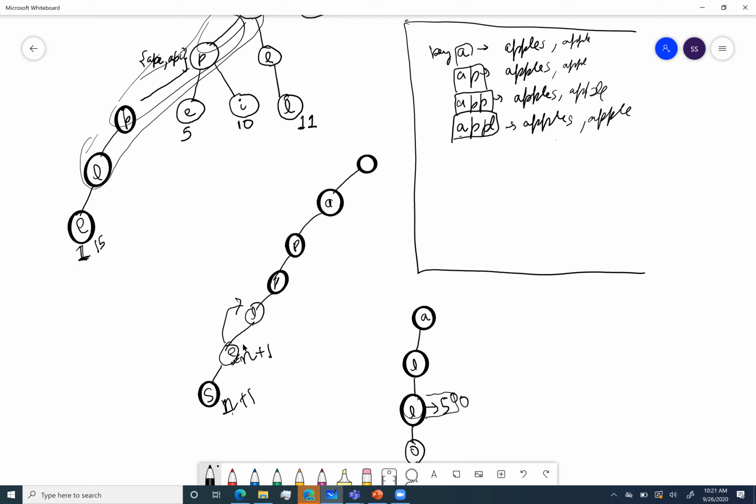If it did not exist, then you will compare it with the words that exist for APPL and see whether any of the sentences' frequency is lesser than the frequency of apple, because the frequency of apple has now increased.